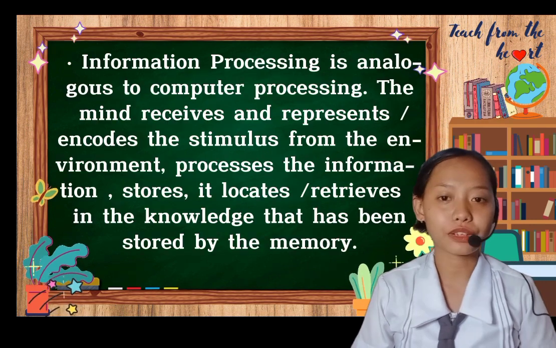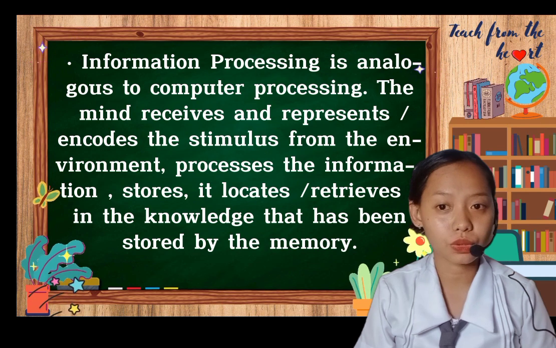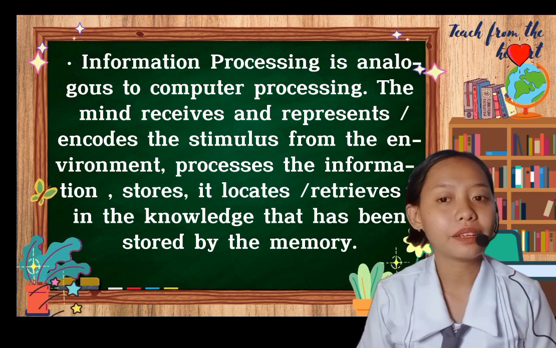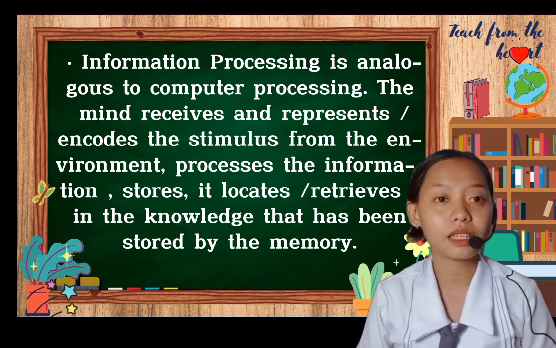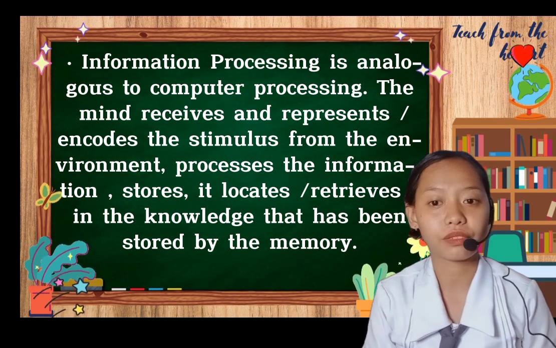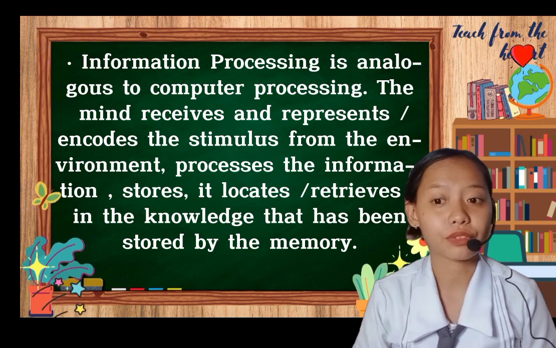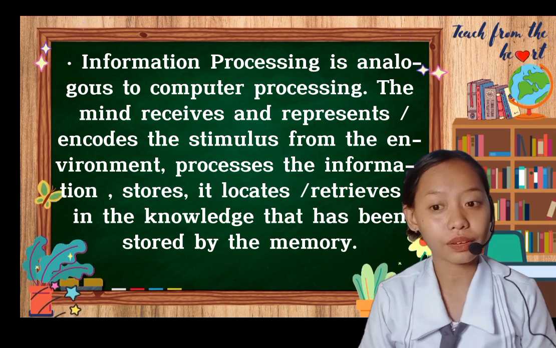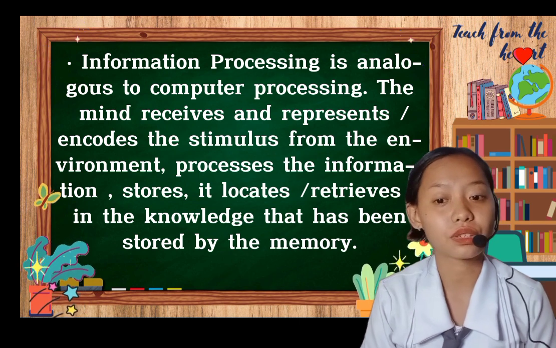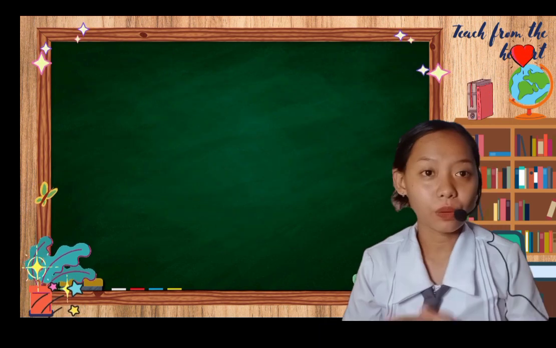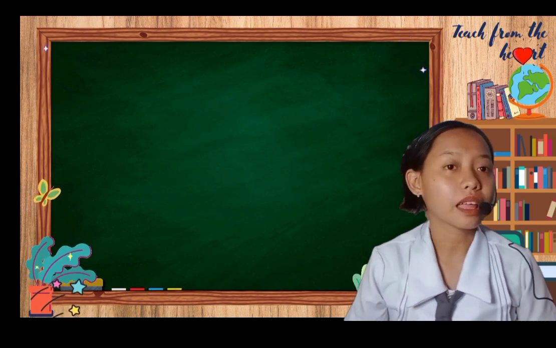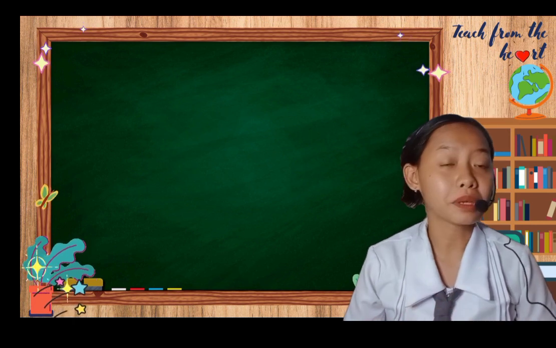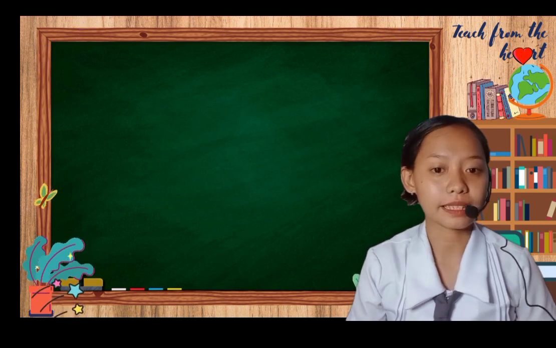Second, information processing is analogous or similar to computer processing. The mind receives and represents, encodes the stimulus from the environment, processes the information, stores it, and locates or retrieves the knowledge that has been stored by the memory. So this theory said that information processing is similar to computer processing.